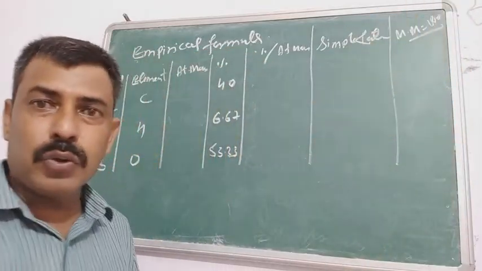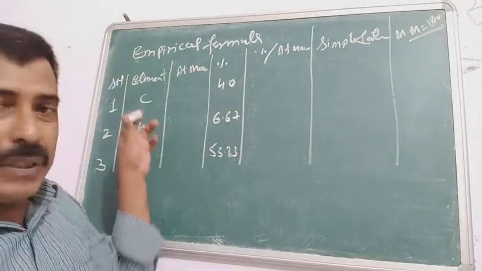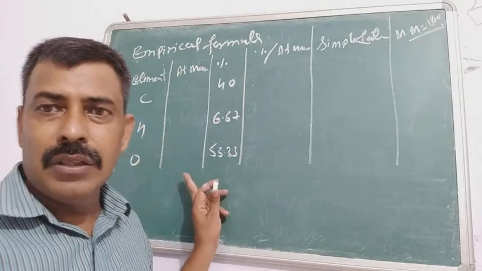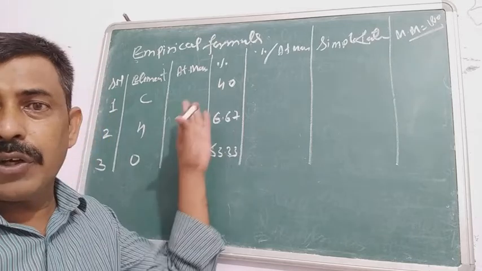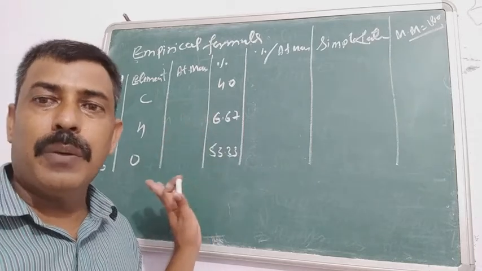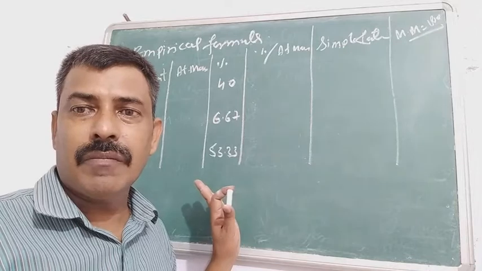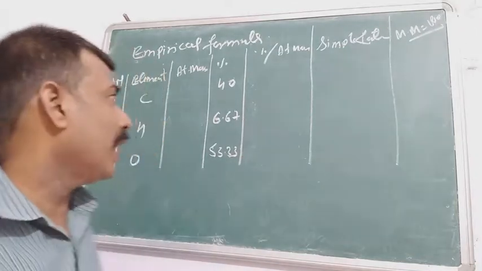So we are going to solve this question in which 3 elements are there, carbon, hydrogen and oxygen. The percentage composition of the elements are respectively 40, 6.67 and 53.33.